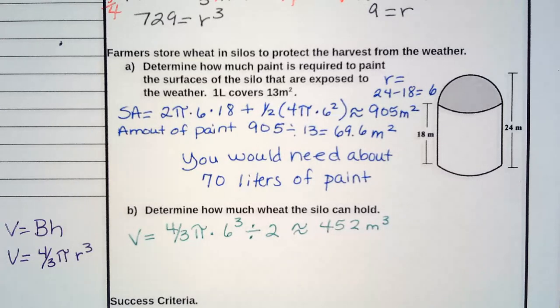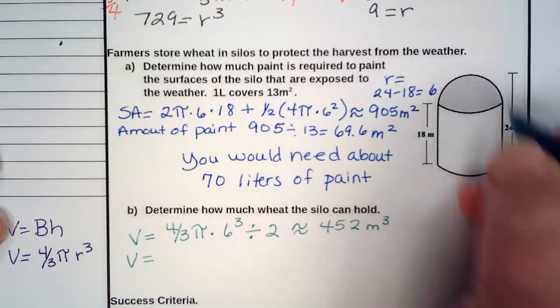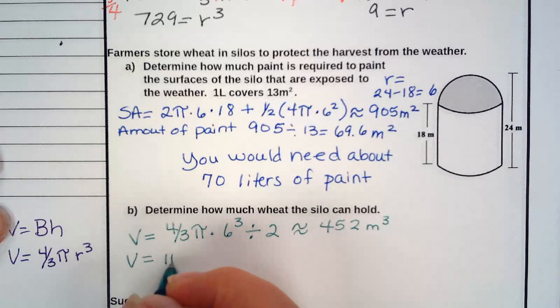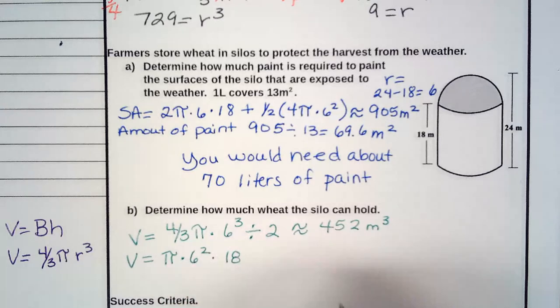Okay, so the volume for the cylinder, my base area, pi times 6 squared times my height, 18. This time we need the whole thing.